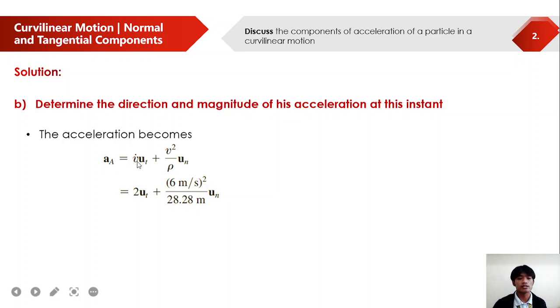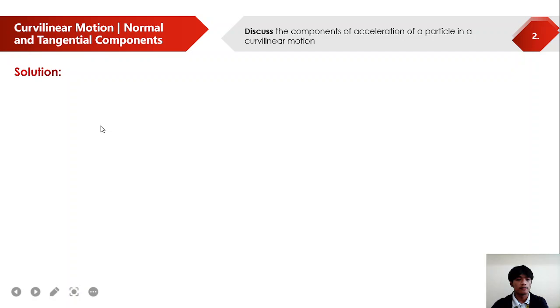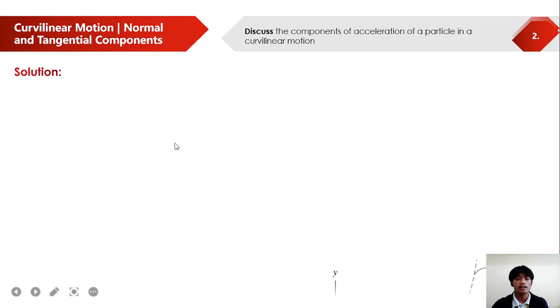That's your tangential component, or the first derivative of the velocity. So that's your 2. This is given, class, in the problem. Let's check again if this is given. Ayan. So, increasing at 2 meters per second squared. So that's your acceleration in the tangential component.